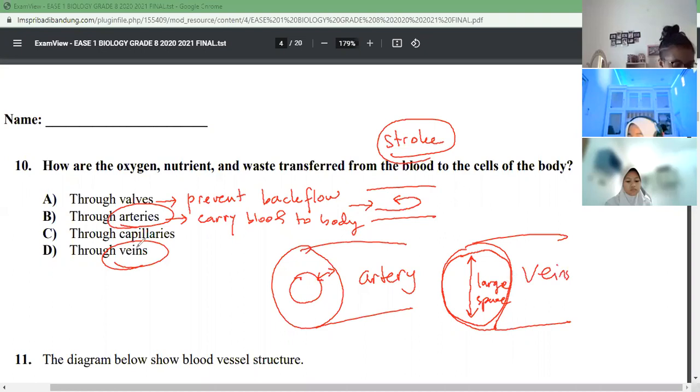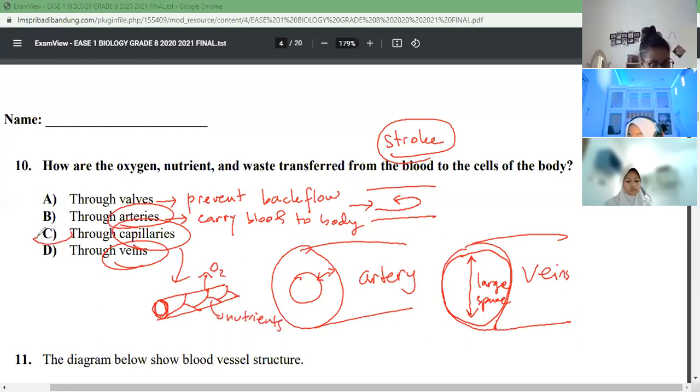But the capillaries are only like this, very small and very thin. So the oxygen can easily pass, the nutrients can easily pass like that. So yes, the answer is C.